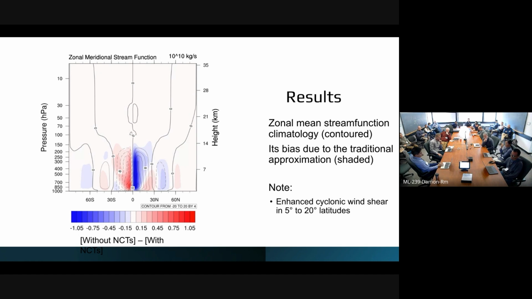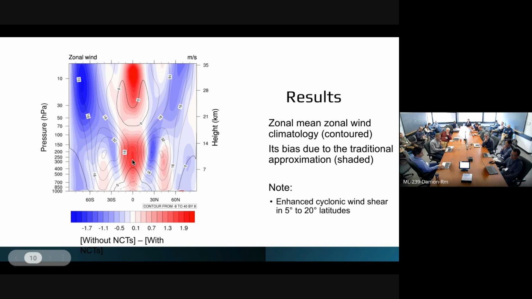If we compare this further to the stream function, the contoured here is the total stream function, which is still showing the Hadley cell. And the shading is the difference. But let's first look at the contoured field. If the stream function is increasing toward the north, like here, it means upward motion.